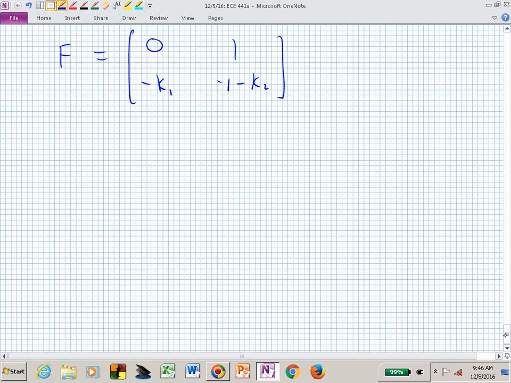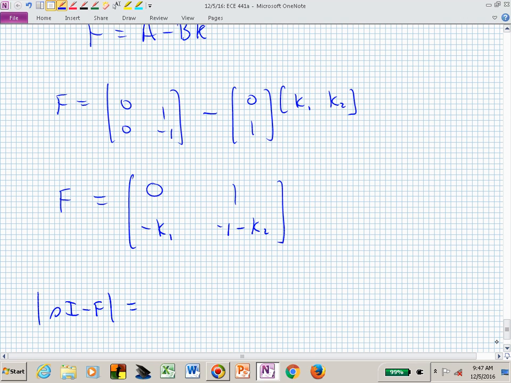Whoa. And we now want the determinant of that, sI minus F, for an answer. We're looking at s and s on the diagonal, and now we subtract the F matrix. And compute the determinant of that 2 by 2 matrix.